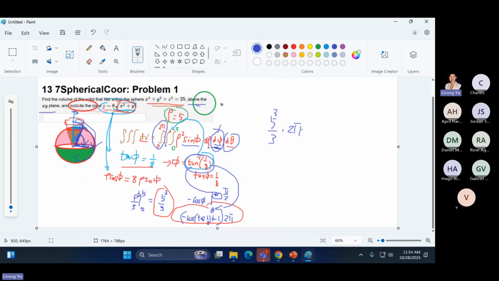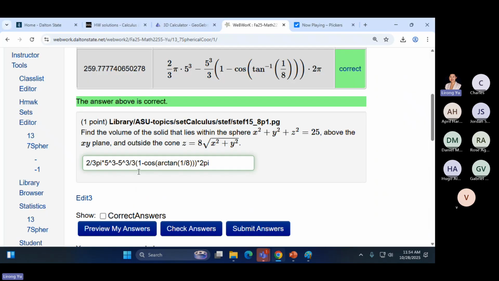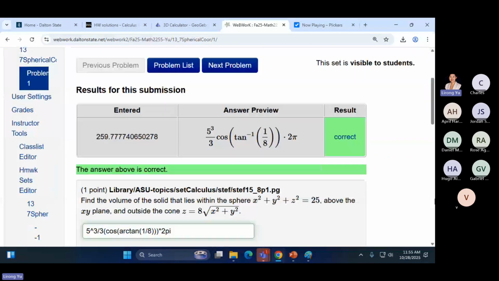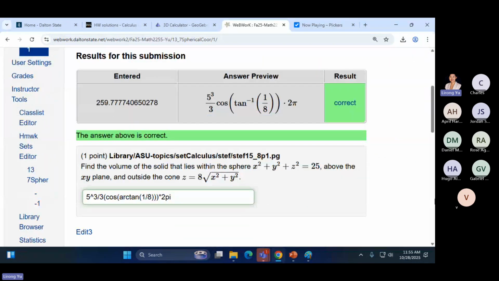So the upper limit should be pi over 2, but cosine pi over 2 is actually 0. All we need is the cosine of the arctan of 1/8. This will be the direct calculation without doing all that subtraction that I did. Let's fix it. We get rid of that one minus, and that's all we need. So okay, it's the same number.